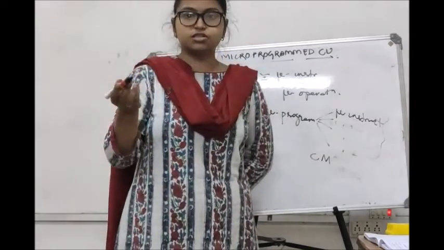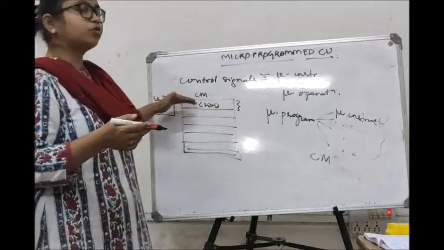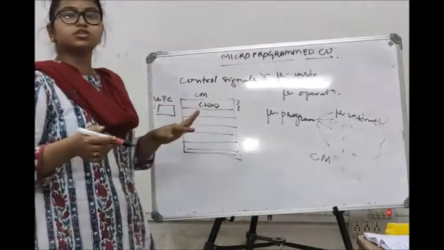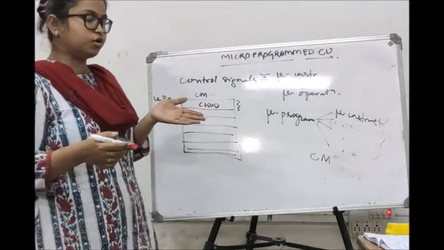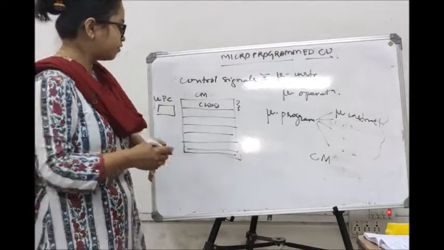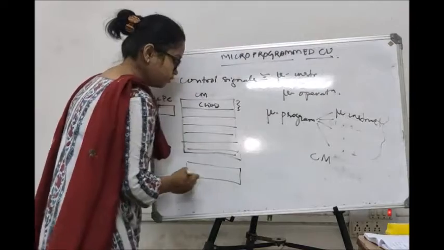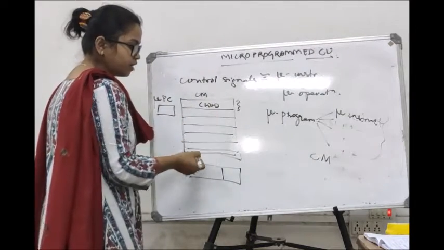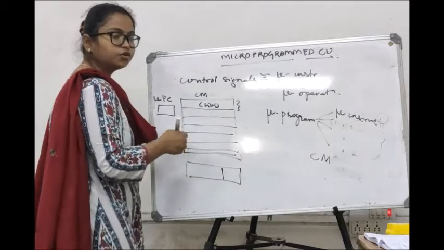The address of the next instruction. Similarly, the microprogram counter stores the address of the next micro instruction to be executed. Now we have a control data register, which stores the address of the control word currently being executed.